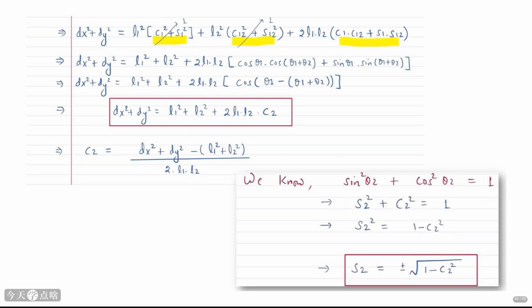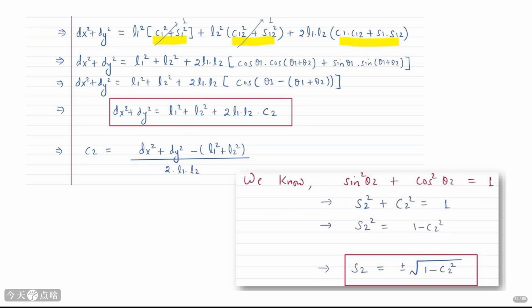After simplifying using trigonometric identities, we arrive at the equation dx squared plus dy squared equals L1 squared plus L2 squared plus 2 times L1 times L2 times cosine of theta 2. Rearranging this, we can solve for cosine of theta 2. Cosine of theta 2 equals dx squared plus dy squared minus L1 squared minus L2 squared, divided by 2 times L1 times L2. This gives us the value of cosine of theta 2.